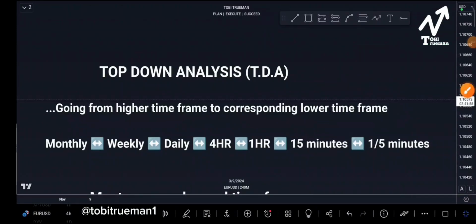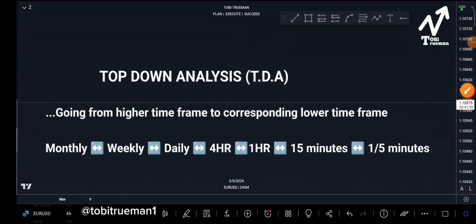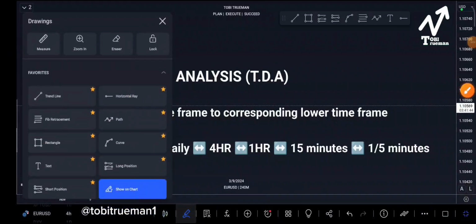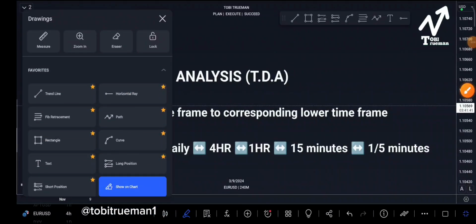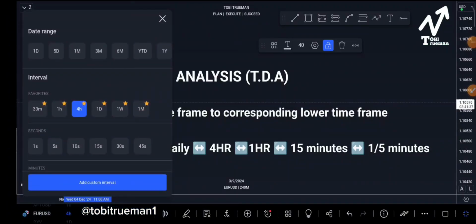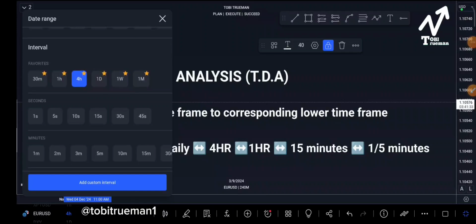All right. So the time frames, as you can see on our MT4, MT5, or even on TradingView, you can see different time frames there. The monthly.